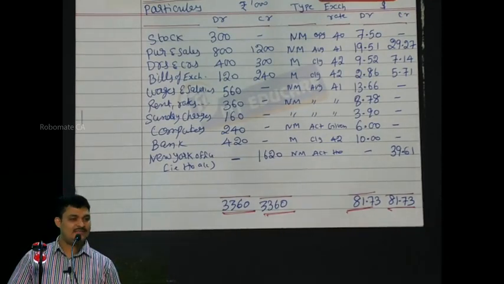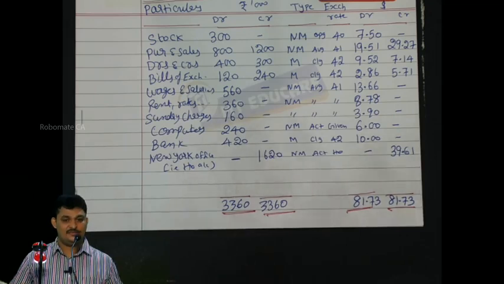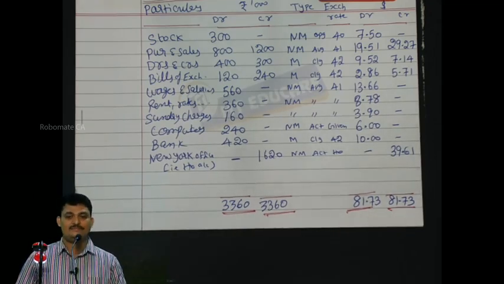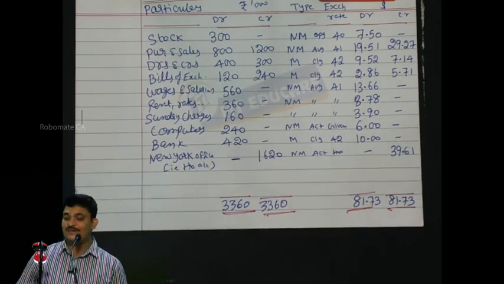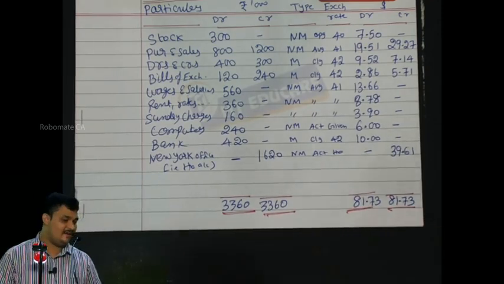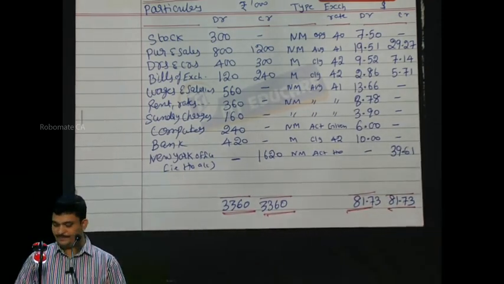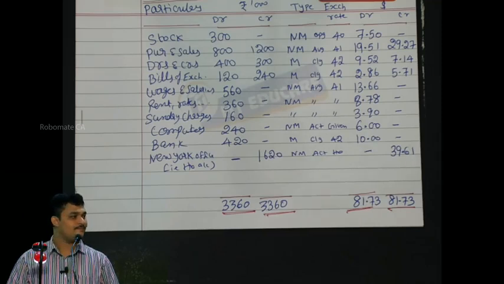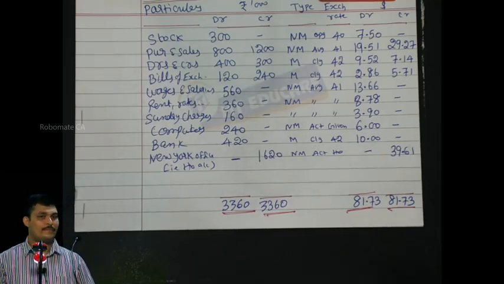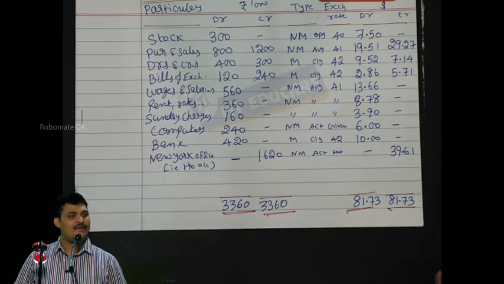So there is no exchange gain, no exchange loss. It is accidentally tally. It doesn't mean that always it will tally. You may get exchange gain or loss. Here it is not happening so. Can I turn this page?